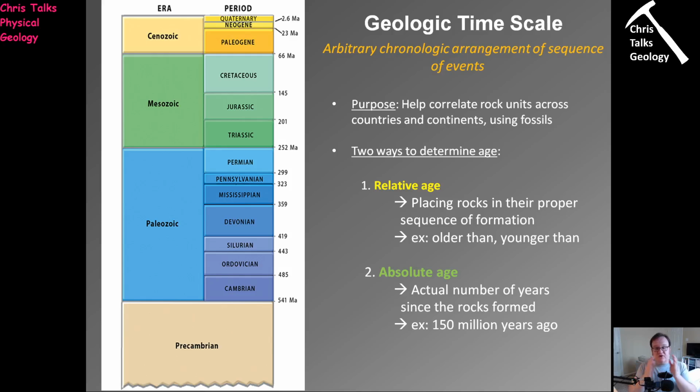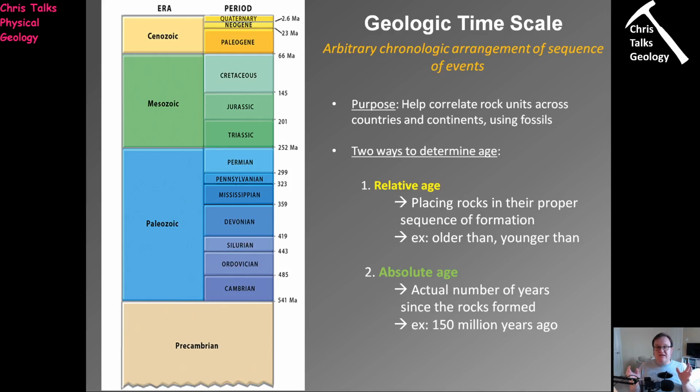So for instance, we say, okay, here's our sequence, we're going to split up this piece, we're going to use a certain fossil, let's say we'll use its first appearance here to mark the start of that unit, and we'll use the last appearance of another fossil to mark the end of that unit. And then we say, et voila, this unit here we're going to call the Devonian. And that's the basic principle behind the geologic timescale.